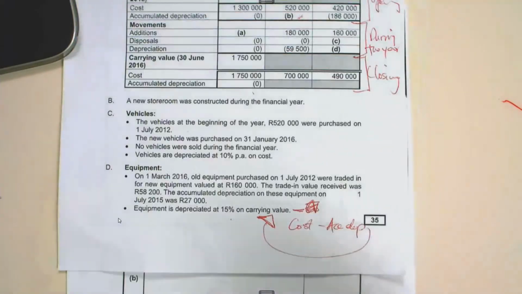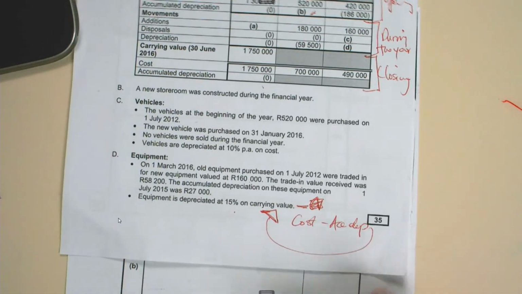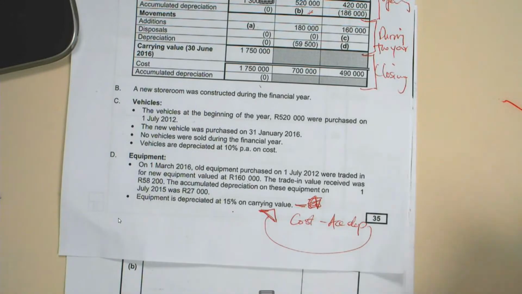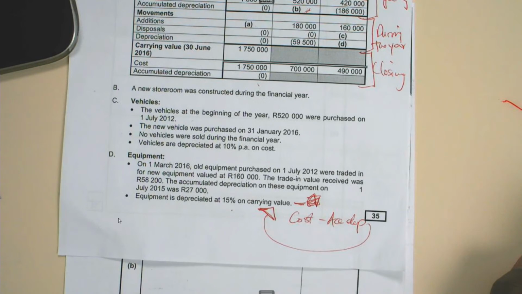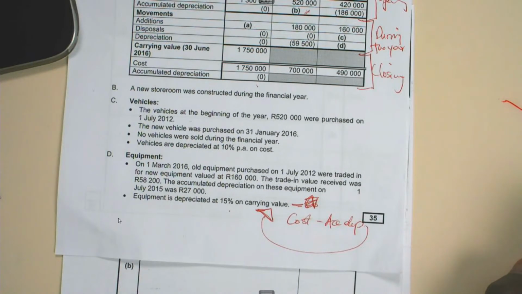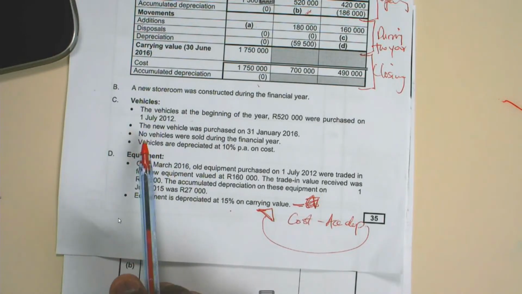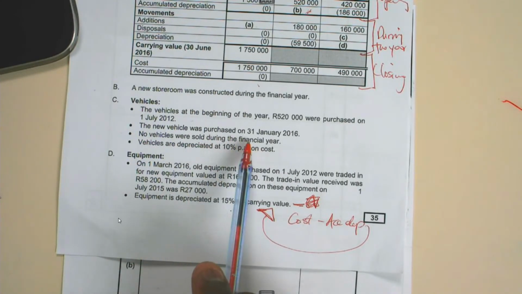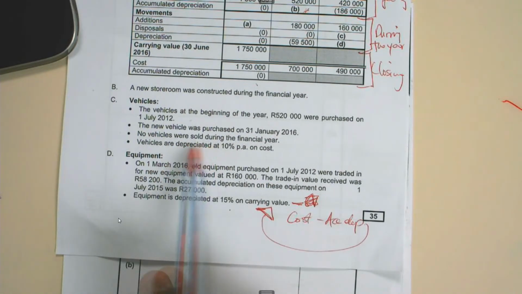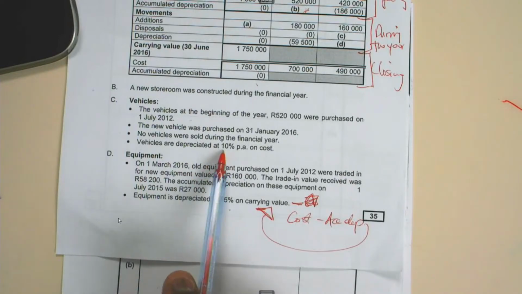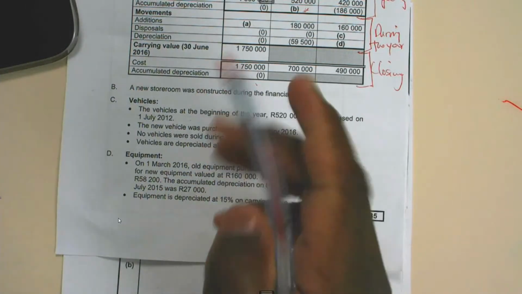Now vehicles says here, the vehicles at the beginning of the year, 520,000, were purchased on 1 July 2012, and the new vehicle was purchased on 1 January 2016. No vehicles were sold during the year. Vehicles are depreciated at 10% on cost. That is what we are interested in here.